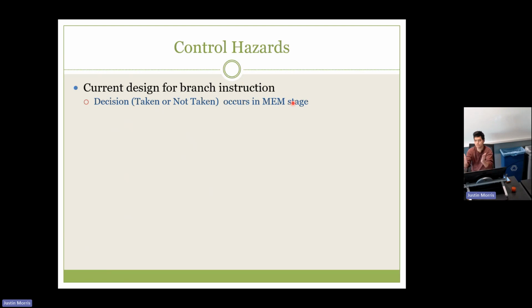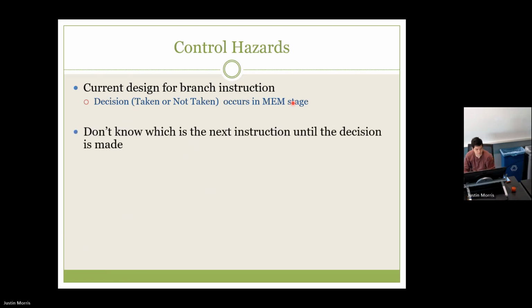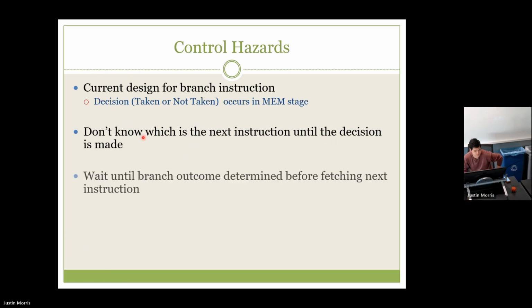Because we do the subtract in the execute stage, that gives us the zero flag, and then in the memory stage, we update PC. So this means that we don't know what the next instruction is until 4 cycles into the branch instruction, right?